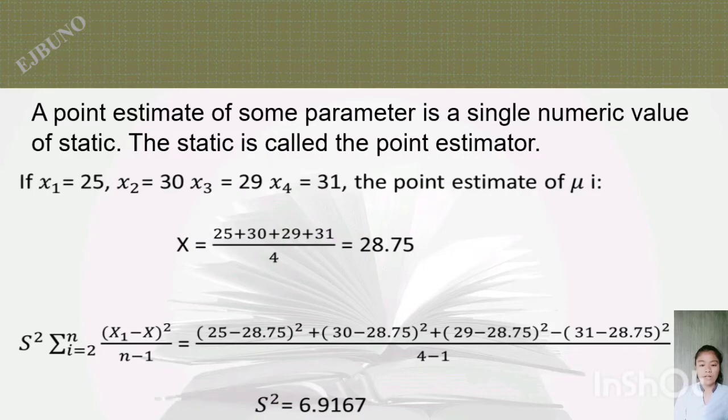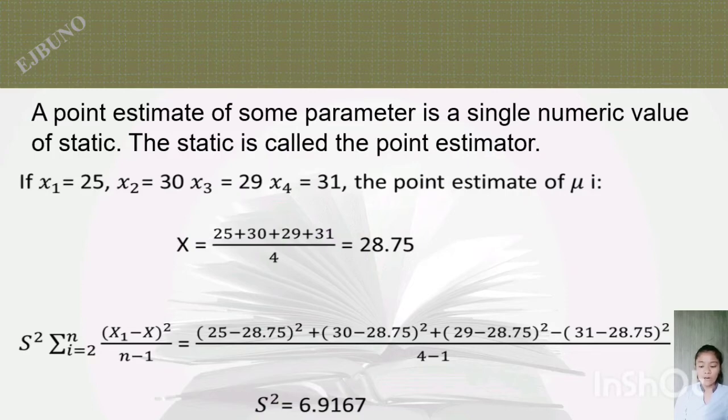Similarly, if the variance is also unknown, a point estimator for the variance is the sample variance s squared, and the numerical value can be computed as s squared is equal to the summation of x sub i minus x bar, the sample mean, squared, all over n minus 1.